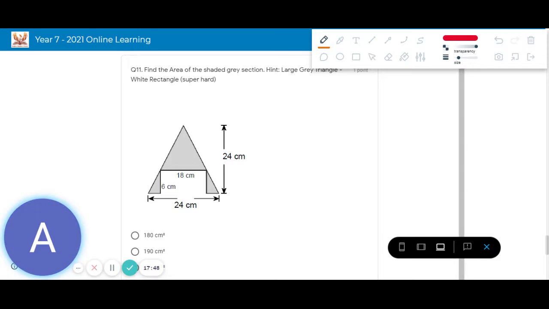So the area of a triangle is given by, let's just call this area of a triangle, let's call it AT. It's given by a half times base times height, and that's perpendicular height. The height has to be perpendicular to the base.